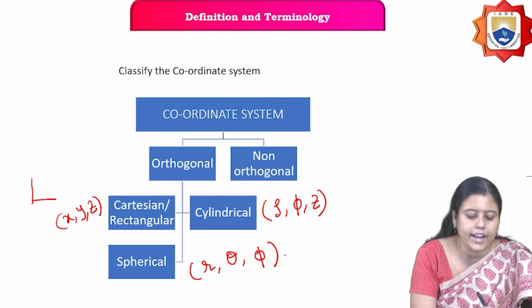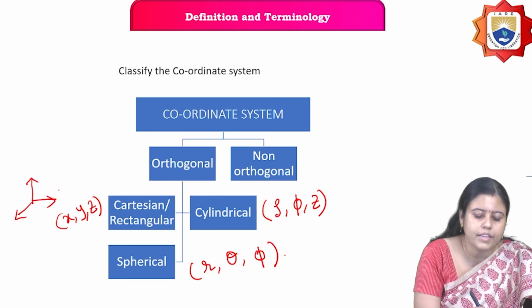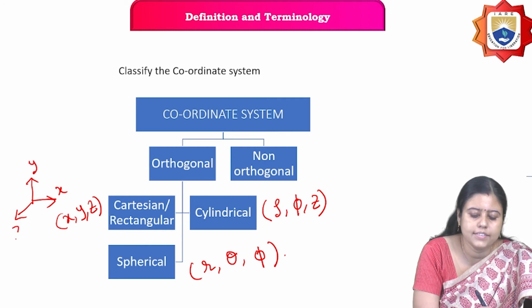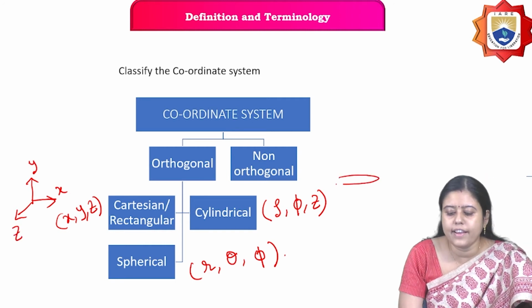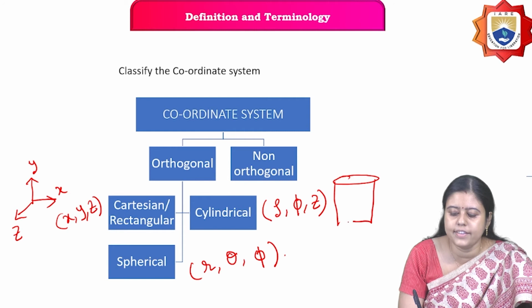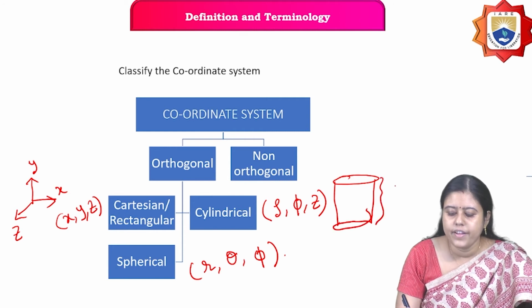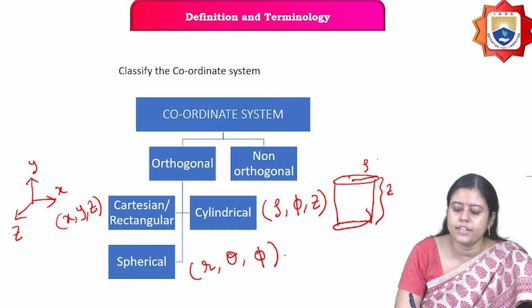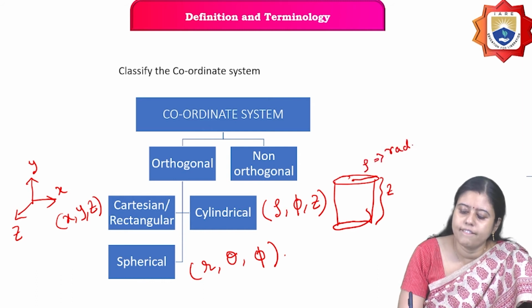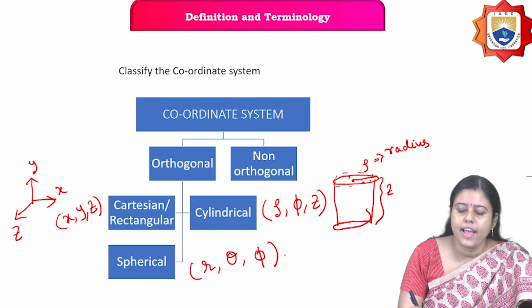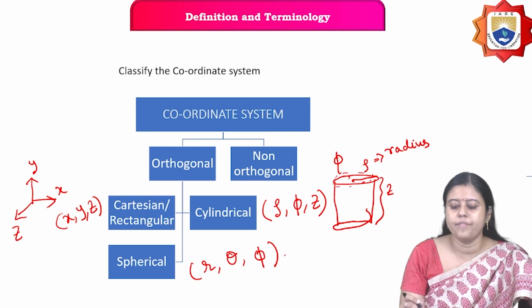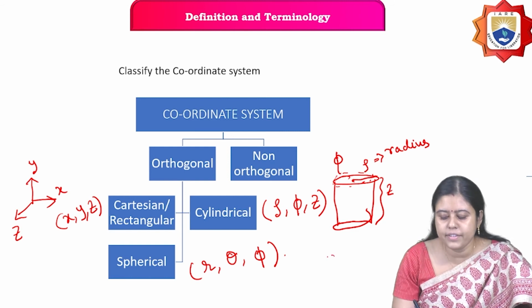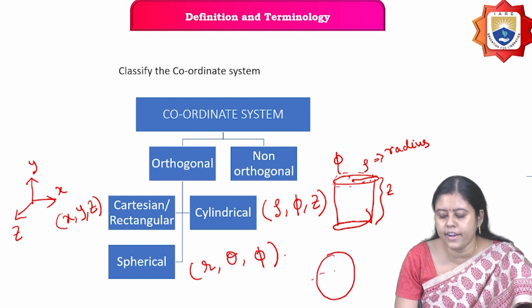It has 3 axes: x, y, z. The cylindrical system looks like this. This is our z. This is our rho, that is the radius. And this is the angle, phi. The spherical one is circular in nature.